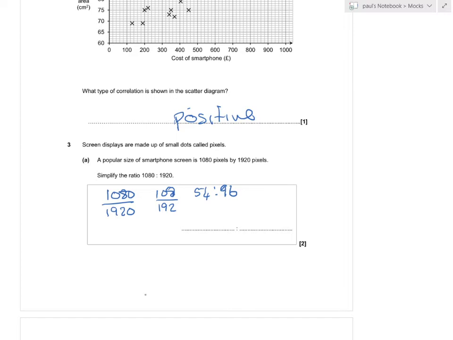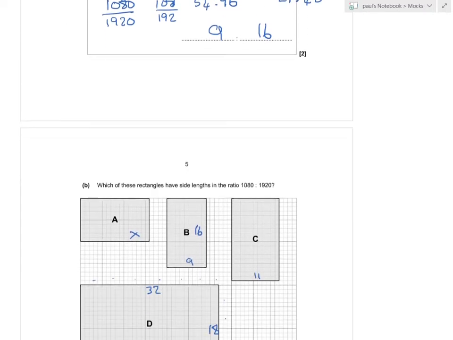No, the 9's don't go into that. Okay, carry on halving it. Half of 54 is 27. Half of that is 48. Now 3's going to that, yeah, 3's going to that 9, and 3's going to that 16. So it's 16 to 9 or 9 to 16.